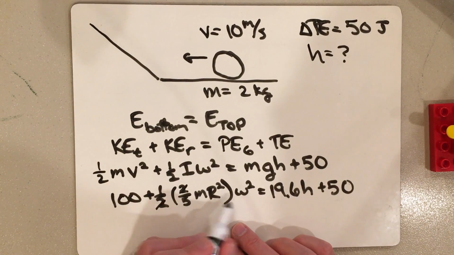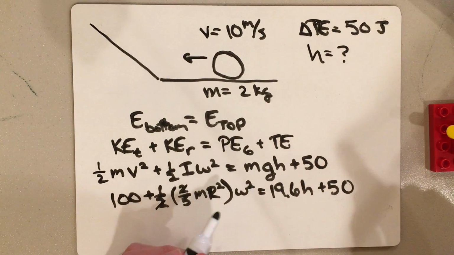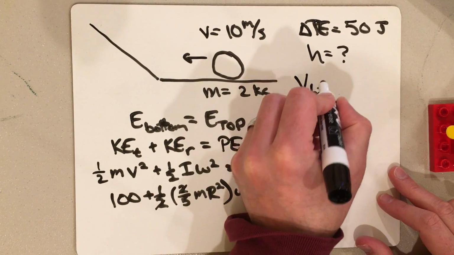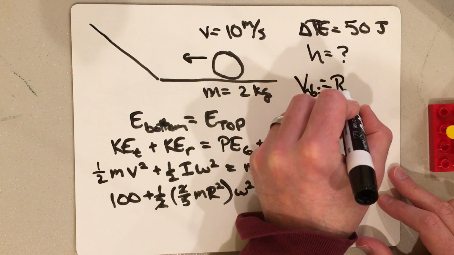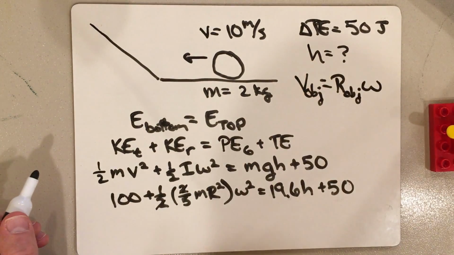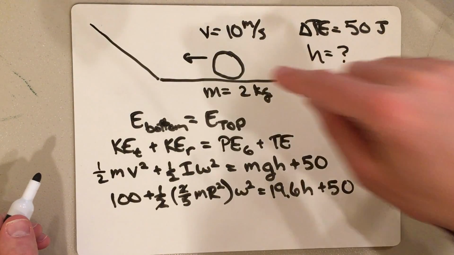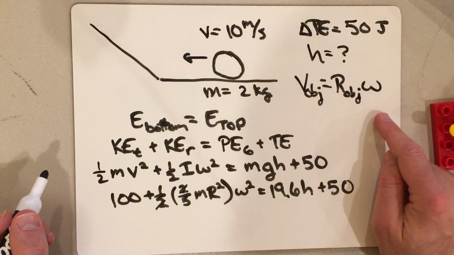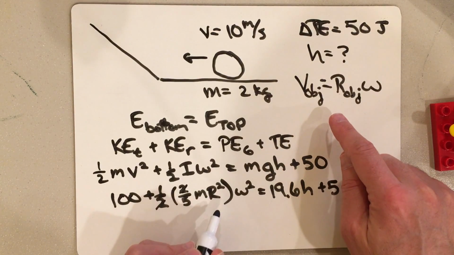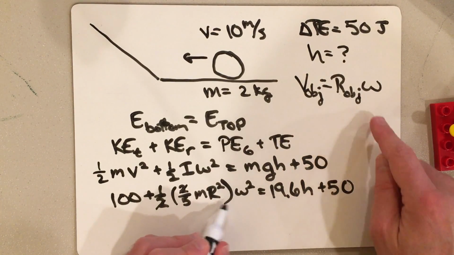Now I don't know the radius, and I don't know omega squared, but we do know the following: that the velocity of an object is equal to the radius of the object times omega. This is the condition for rolling. This ball is rolling, so r omega is going to be the velocity of the object. And since this is r squared omega squared, that's going to be v squared.